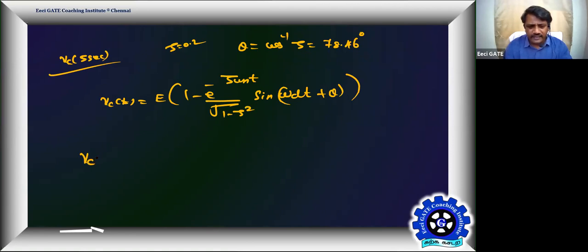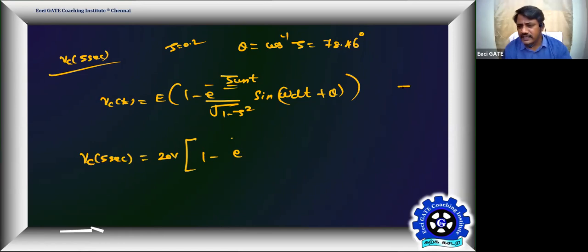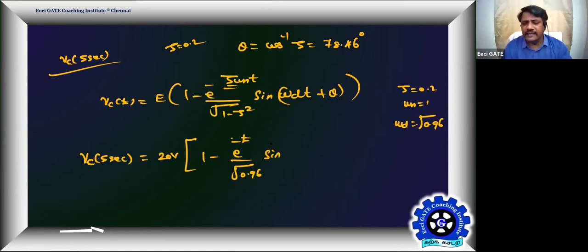Then VC of t, where E is 20 volts. So 20 volts into 1 minus e power minus zeta omega n t divided by root of 1 minus zeta square, where zeta is 0.2, omega n is 1, omega d is root 0.96, into sine of omega d t plus theta, that is 78.46 degrees.